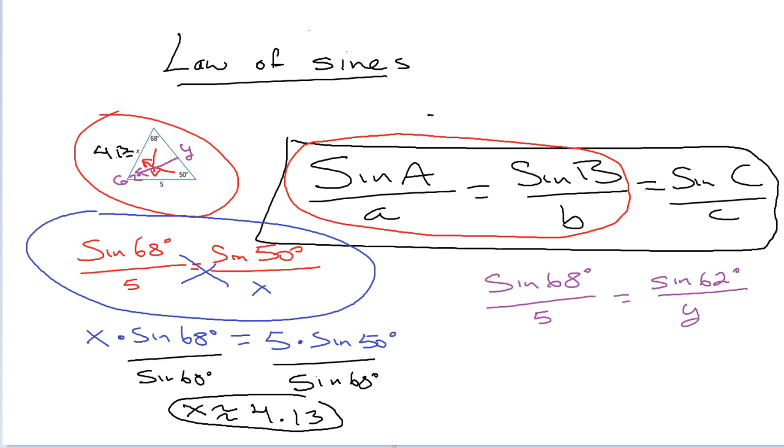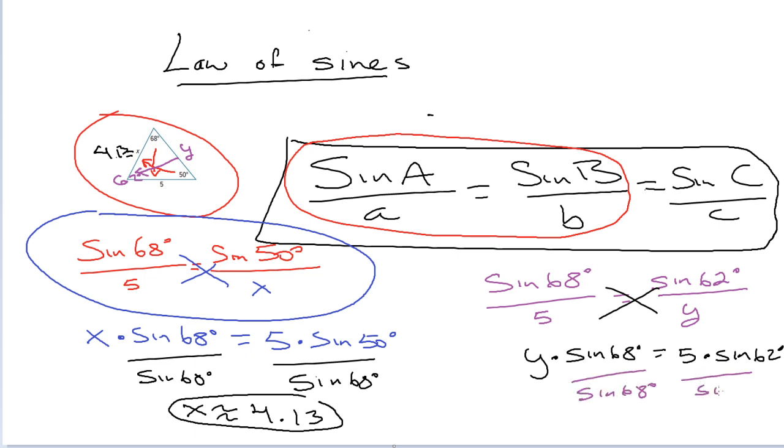And again, we do the same thing. We cross multiply. We get y times sine of 68 degrees is equal to 5 times sine of 62 degrees. And again, to get y by itself, all I have to do is divide both sides by sine of 68 degrees.